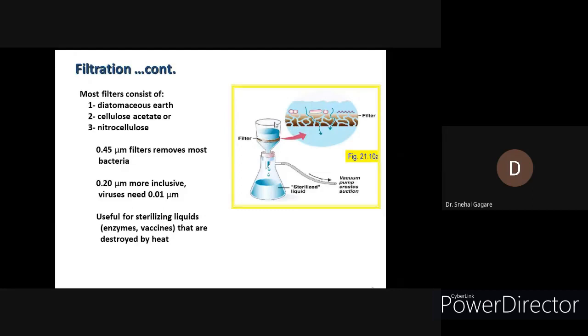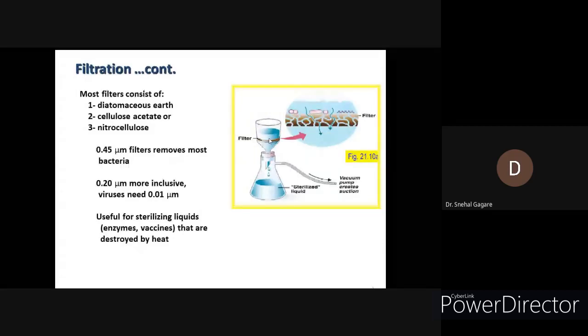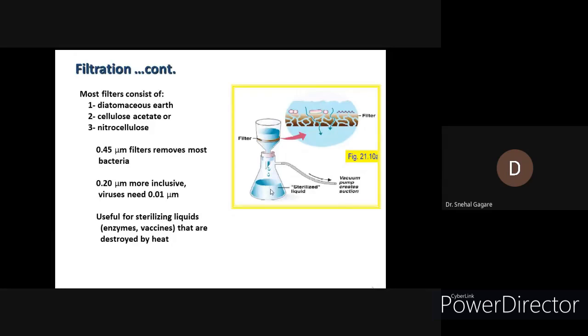And on that we are adding our media, and after the media gets filtered and collected into the sterilized vessel, we can have sterile media. So this is a filter which is called a membrane filter.